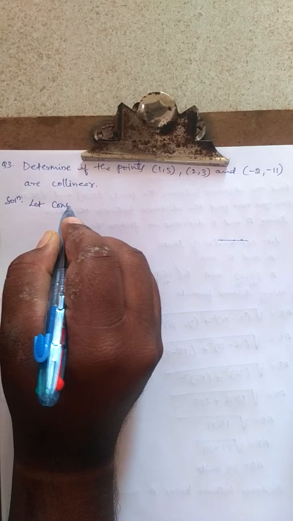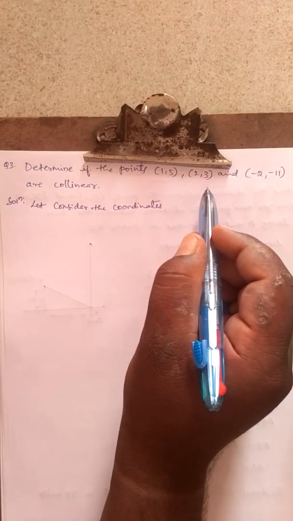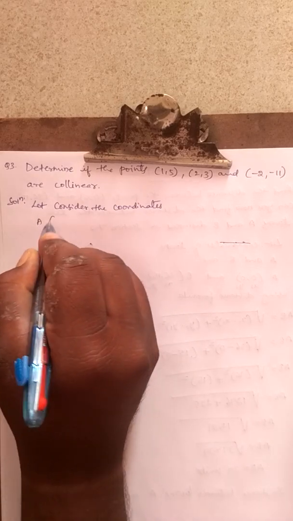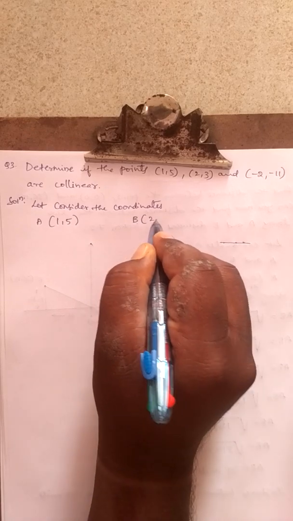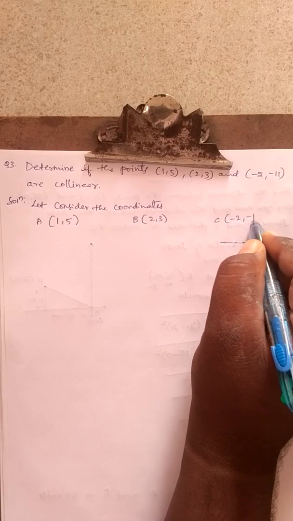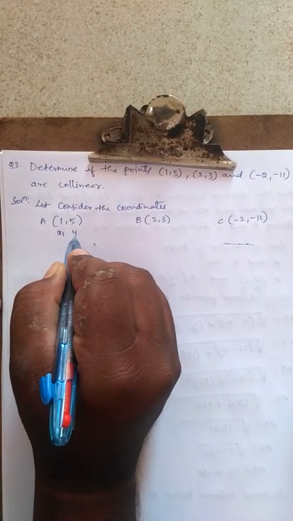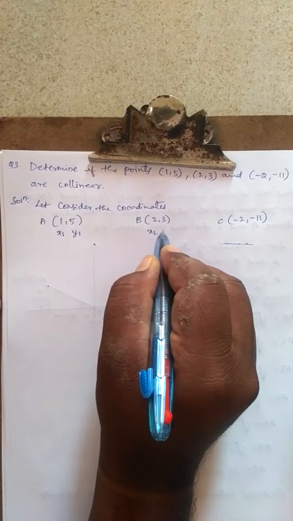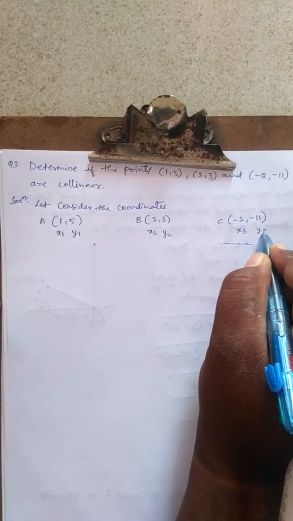Let us consider the coordinates. Here these coordinates I am going to name as A, B, C. This is A of 1, 5, the second one is B of 2, 3 and the third one is C of minus 2, minus 11. So here I am going to name them x1, y1, x2, y2 and x3, y3.